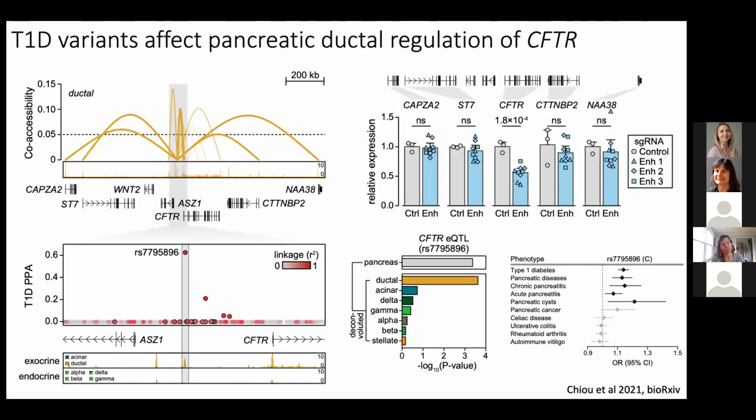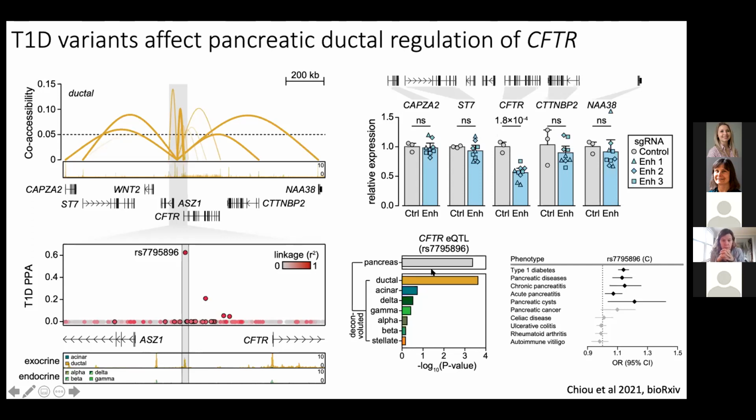As another example, CFTR, a fairly famous gene which causes cystic fibrosis, has a risk variant for type 1 diabetes that falls in a site that's specific to pancreatic ductal cells, relative to all other cell types that we profiled. This is a site that's linked to the CFTR gene in ductal cells. By CRISPR, we confirmed that the element regulates CFTR and not other genes in the region.